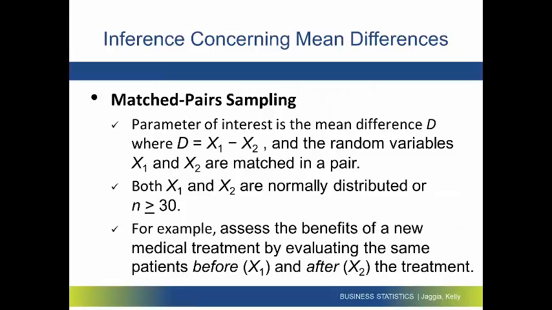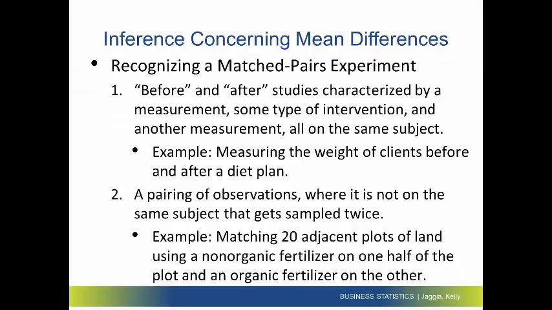For a paired or matched test, we calculate difference scores for each individual. One assumption of this test is that the differences are normally distributed. When looking at difference scores, this may involve before and after studies where the individual is tested twice, or it may involve matching, where we're pairing up different people or different things.